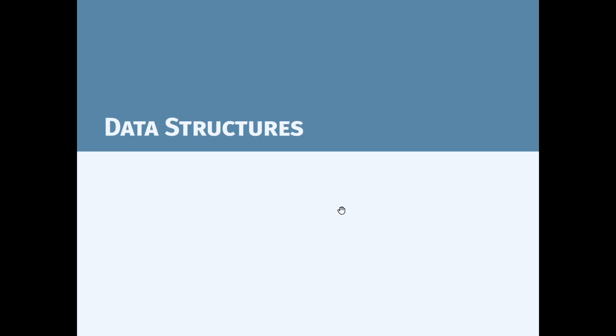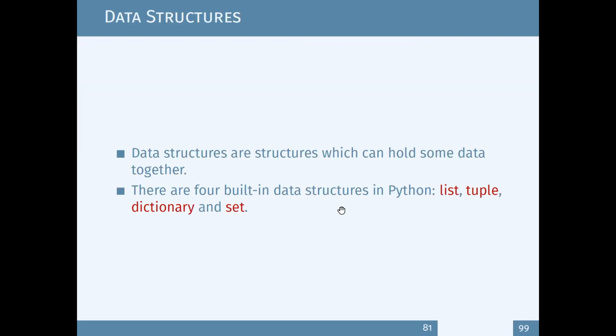So in this section, we are going to look at the different ways that we can store data in Python. In any programming language, you have different data structures, and Python also supports different ways of storing data. We are going to talk about 4 different built-in data structures.